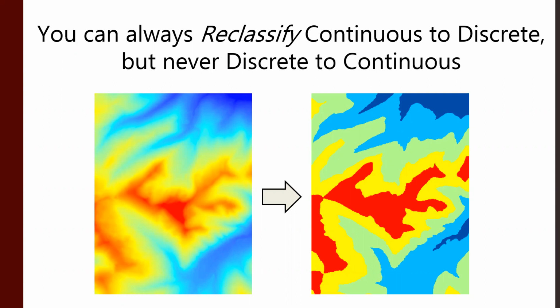How you work with your data matters a lot. You might say, well, why did I make discrete data if it loses all the fidelity and detail and interest of the continuous data? Maybe you don't need that detail. Maybe you don't need that interest. Maybe you just need groupings of elevation at 500-meter intervals.